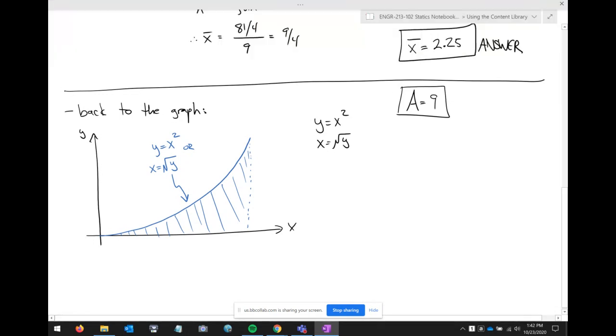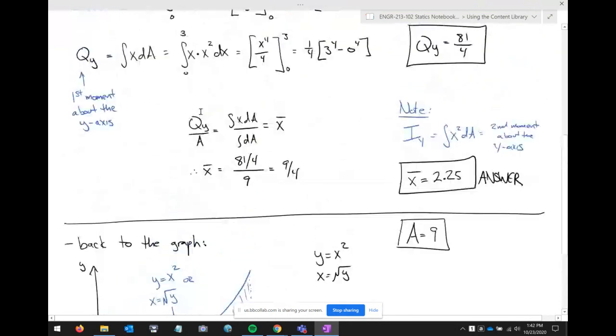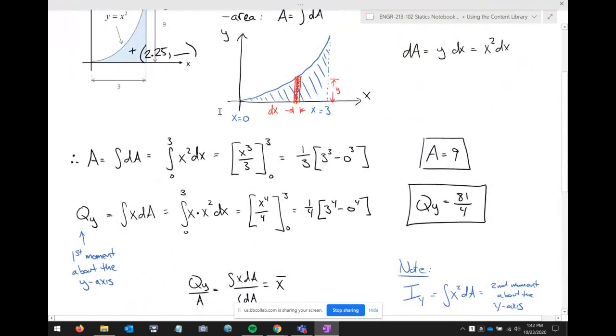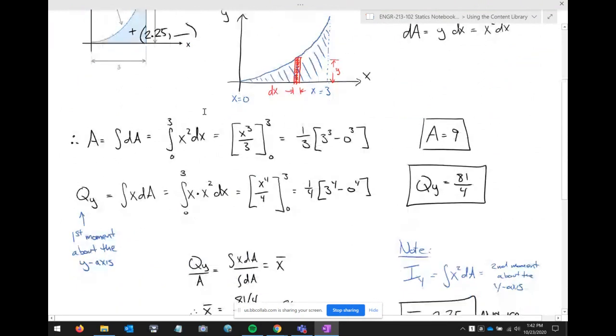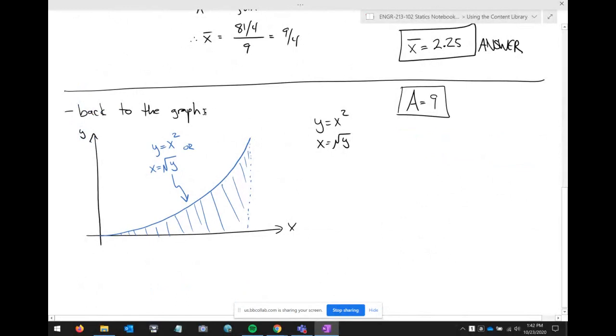In order to determine the location of the centroid about the y-axis, what we have to do is this. In this integral, we had a bunch of vertical rectangles and we summed them from left to right. Now we're going to have to define a bunch of horizontal rectangles. We're going to have to sum them from top to bottom, or from bottom to top, right?